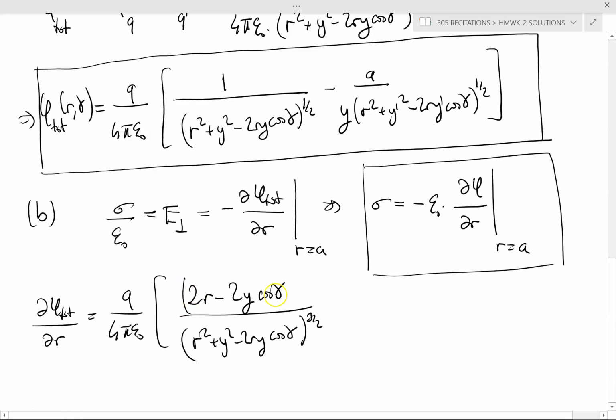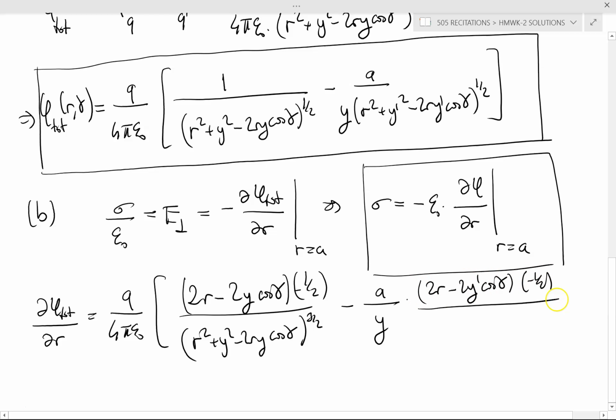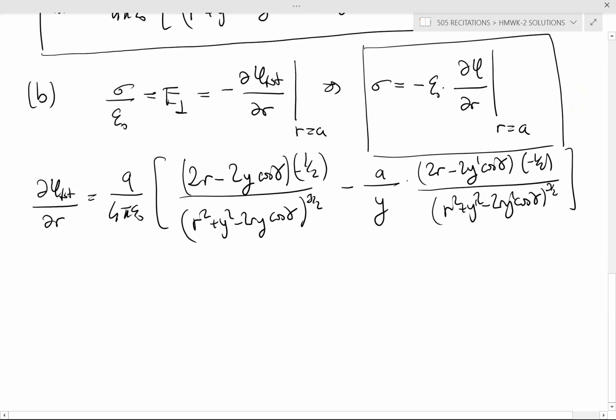But I need to multiply it by minus 1 over 2, right? It was the power, lowering the power by 1, and it's inside the equation. And the similar idea goes for a over y. In this case, 2R minus 2y prime cosine gamma, to the power of 3 over 2 divided by this one. Okay, the 1 over 2's will cancel each other.